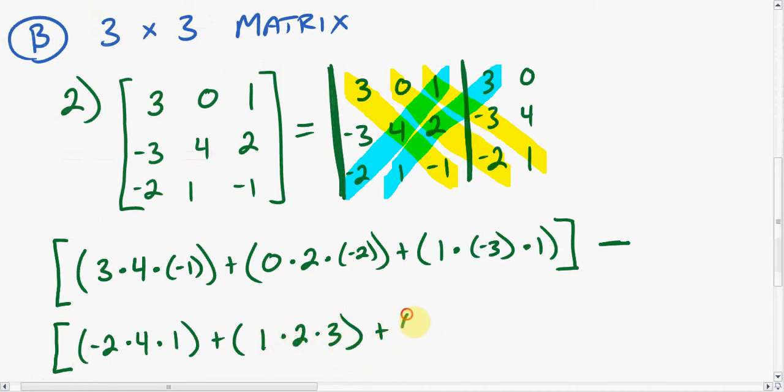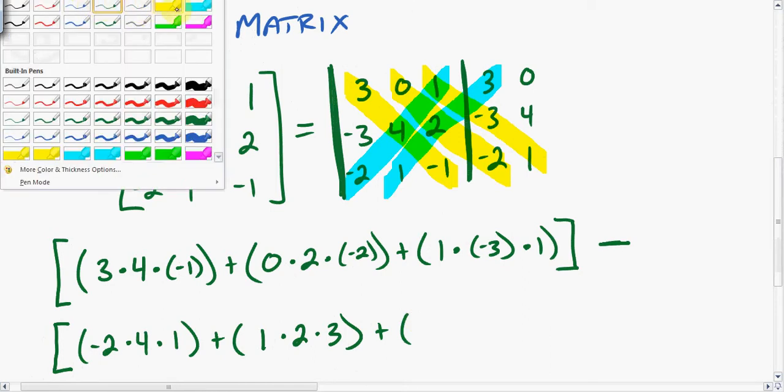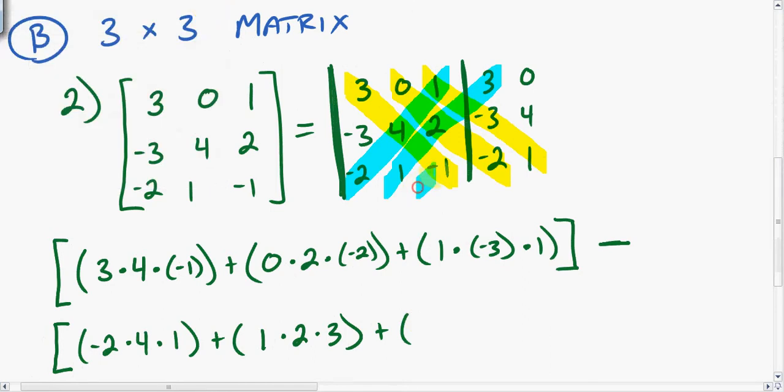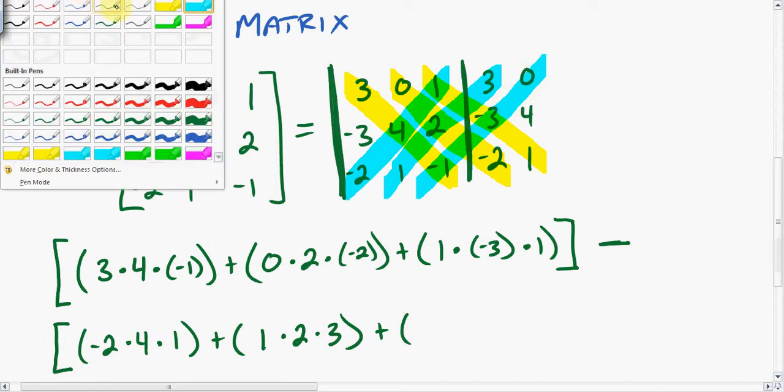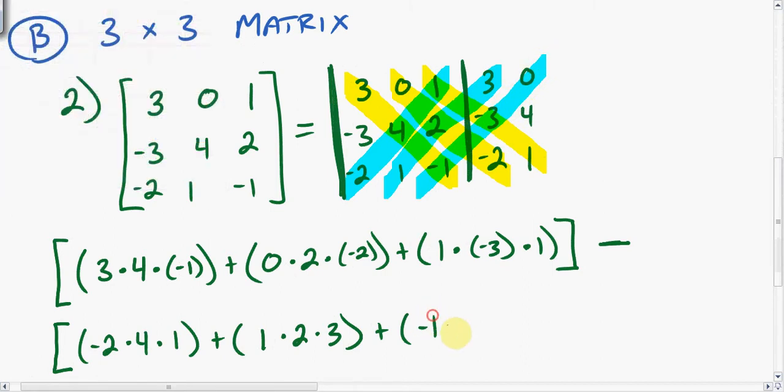And you're going to add that to the product of the last diagonal, which is negative 1 times negative 3 times 0.